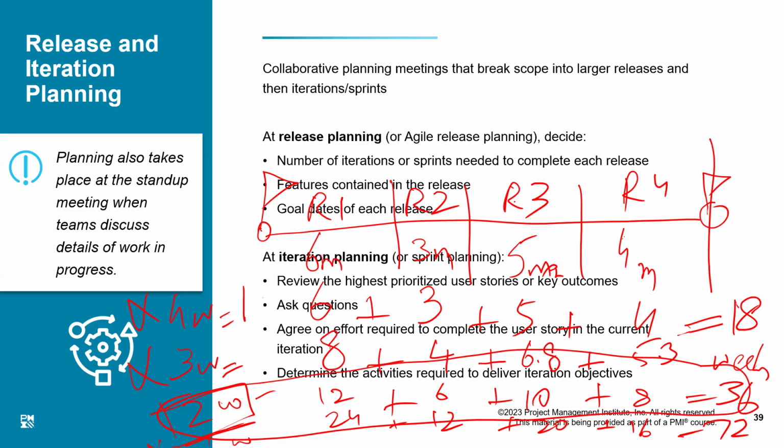And where do we make this decision? On the roadmap. The roadmap we just created. Based on that, I define the releases. I decide how much duration each release will carry and how many iterations there will be. So there will be 36 iterations in this case. Got it?